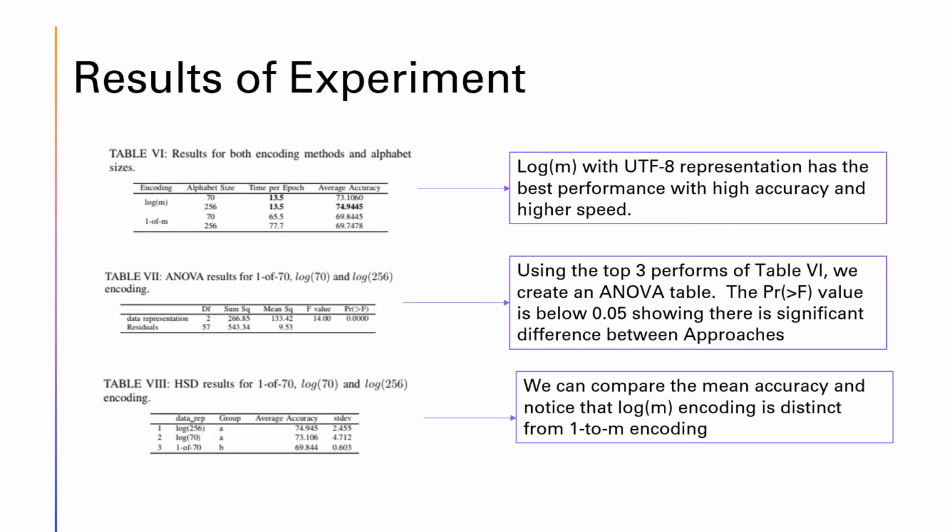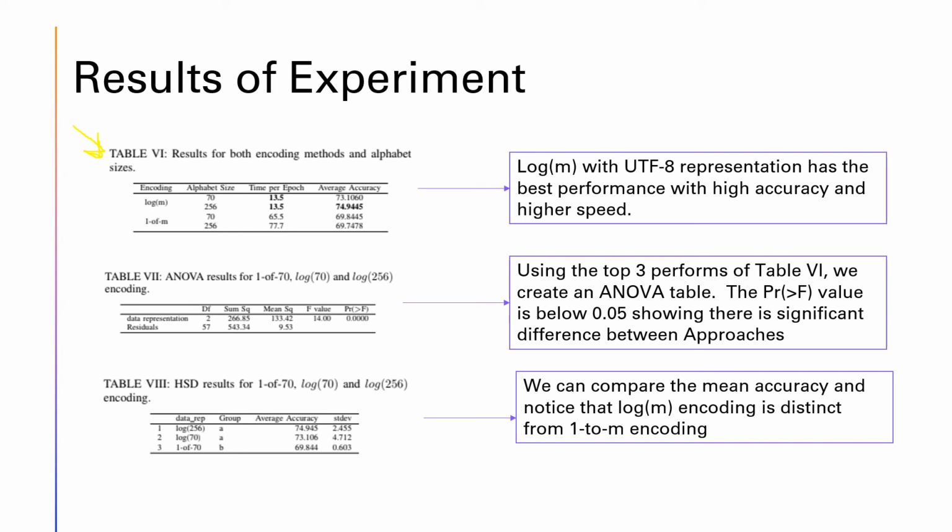All right, classmates, here are the results of our experiment using a convolutional neural network with 3 fully connected dense layers. Now, this is used with our data set with 100 epochs. We look at our first table here. We use the 2 approaches, log of M and 1 of M encoding, with 2 different alphabet sizes, one of size 70, one of 256.